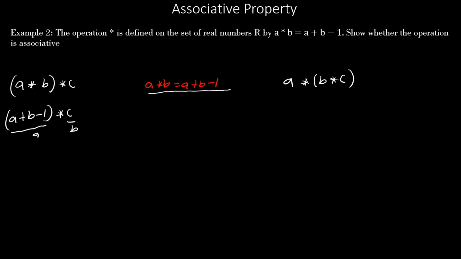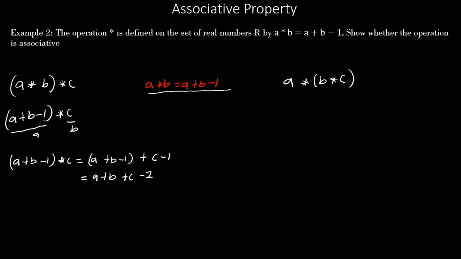So we have the solution here to be (A plus B minus 1) asterisk C, which is equal to A plus B minus 1, this is our A plus B, plus C minus 1. Everything here equals A plus B plus C minus 2.